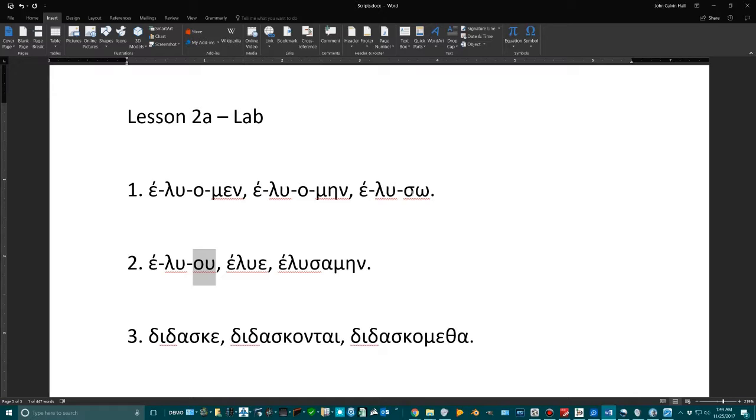So it's combined together as one. So it would be elu. There's the ultima. There's the penult. And the epsilon would be the antepenult.